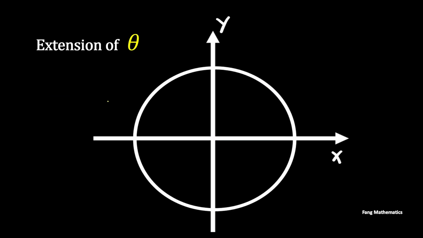The last thing I would like to talk about is the extension of theta. As we said, we used to have theta between 0 and 90 degrees, excluding 0 and 90 degrees.